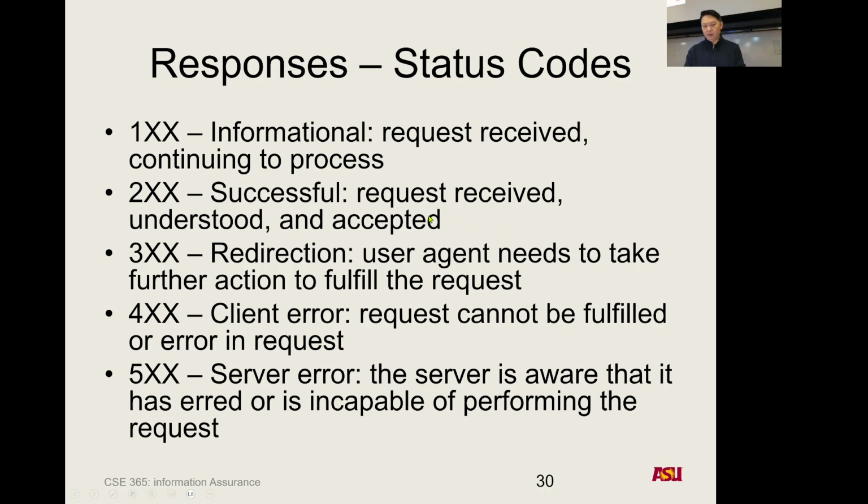Status code. There is a 3-digit status code in the response. The hundreds digit: 1 is informational, 2 is successful, 3 is redirection, 4 is client error, 5 is server error.